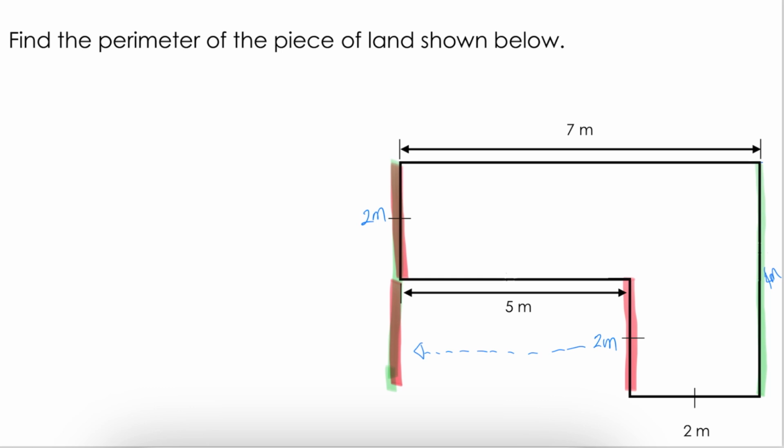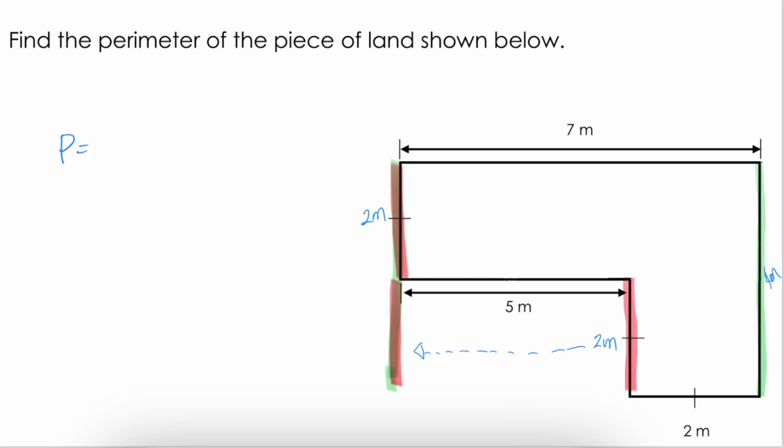A tip for getting the perimeter of a composite figure: it would help if you would be putting marks on those sides that you already included in your addition sentence so that you won't miss any side or end up adding two sides twice. So let's have that.